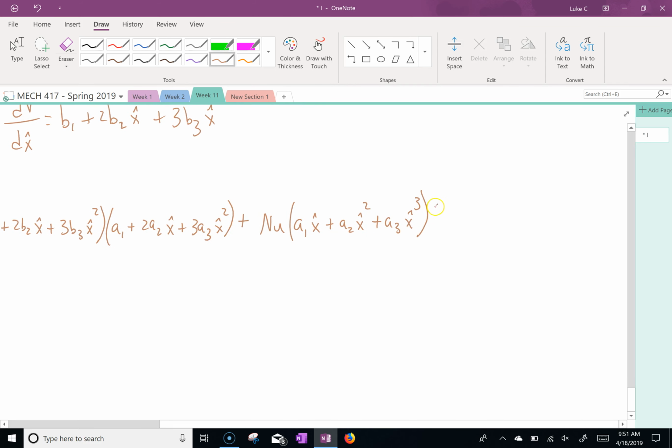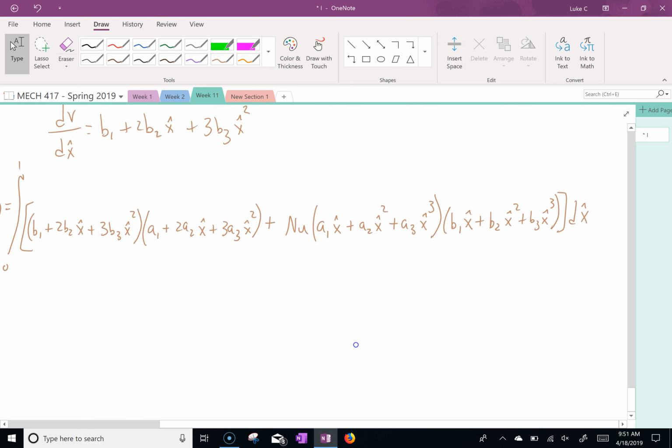And then multiplied by B1 x hat plus B2 x hat squared plus B3 x hat cubed. Close parenthesis, and we've got that term. So let me just zoom out a little bit.